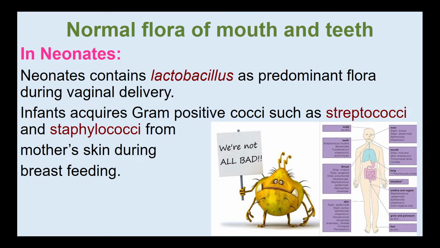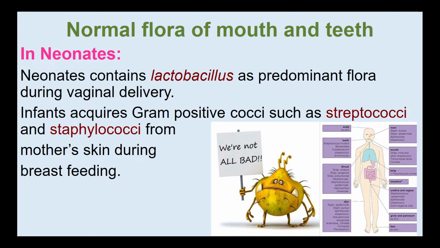Then, the number and composition of bacterial species in the oral cavity differ at different stages of human life. Primarily, newborns are born sterile, but very fast neonates acquire lactobacillus as part of the flora during vaginal delivery.